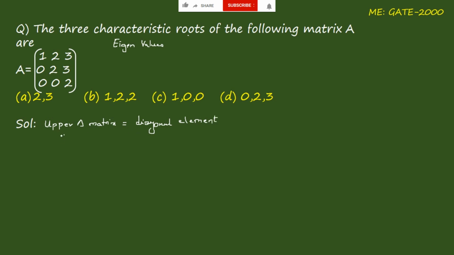The eigenvalues of an upper triangular matrix are nothing but the diagonal elements. So directly we can say that the eigenvalues are nothing but 1, 2 and 2. So it goes with option B.